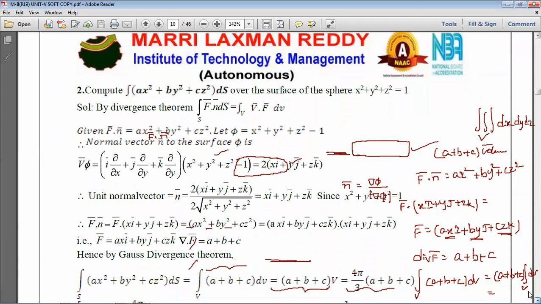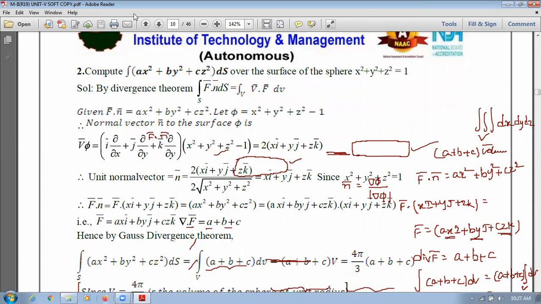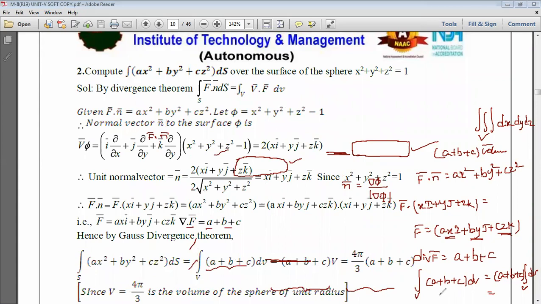So the volume of the sphere is nothing but simply that formula: 4 by 3 pi r cube. r is nothing but 1 here. So we have 4 by 3 into pi into a plus b plus c. That is how we calculate it.